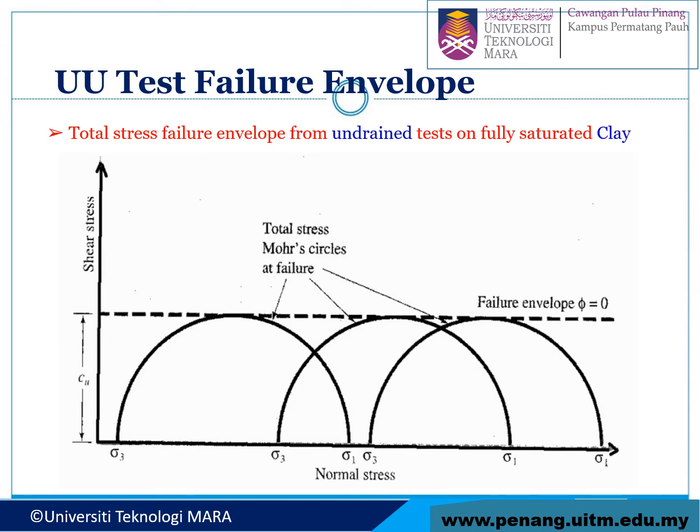This is the UU test failure envelope, the total stress failure envelope from the undrained test on fully saturated clay. Look at this, this is the Mohr circle, shear stress versus normal stress. First we have sigma 3 and sigma 1.